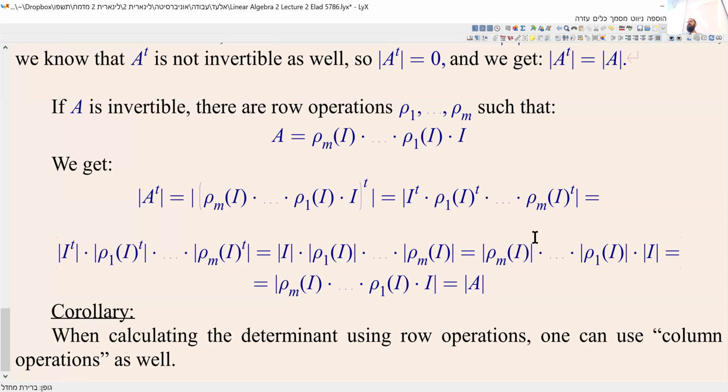Any questions? As I said, multiplying a column by some scalar, switching columns, same as rows, but with columns, because when it comes to determinant, the transpose and the original are the same.